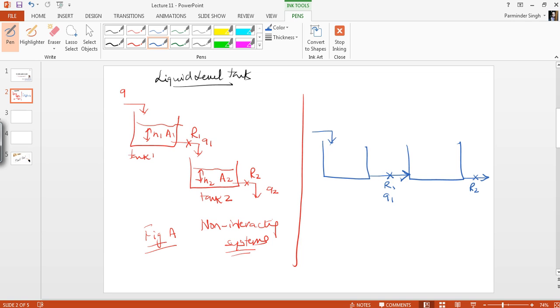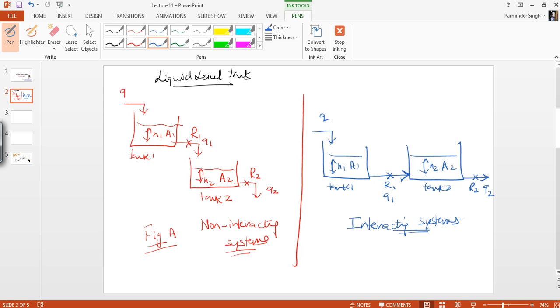This is resistance 2, flow rate is q2, the input is q, the height is h1 with the cross sectional area a1, that is tank 1. Tank 2, the height is h2 and area is a2. Now this type of arrangement is known as interacting systems. So we have non-interacting systems and we have interacting systems.